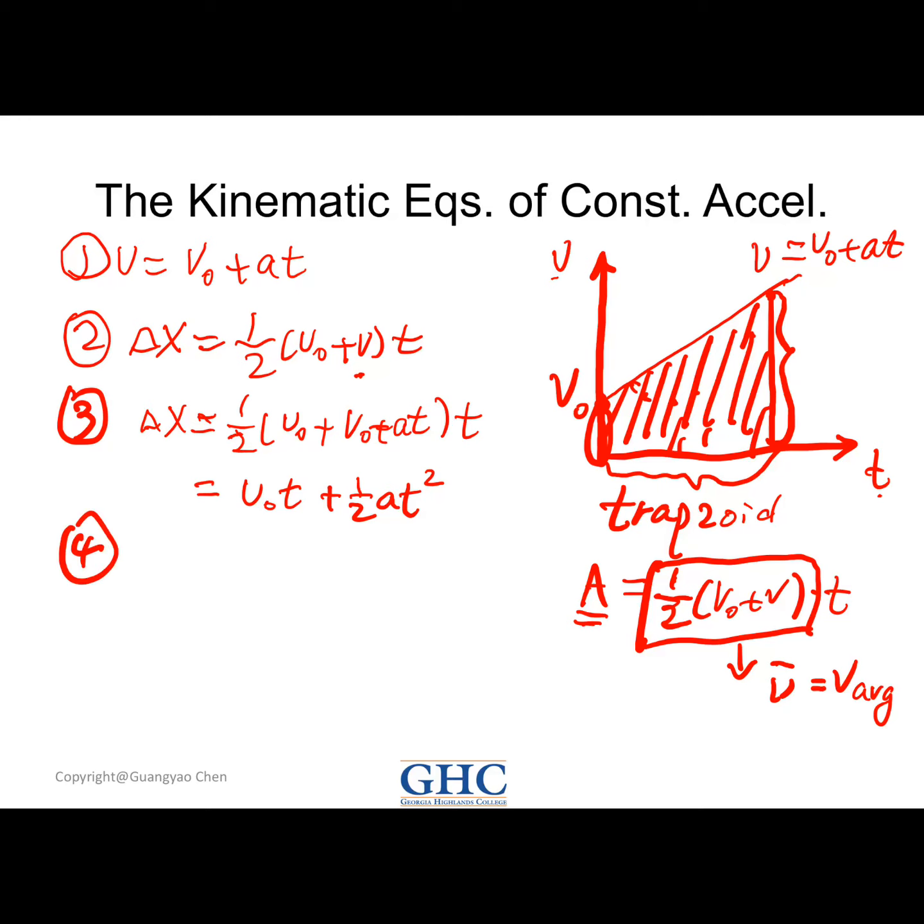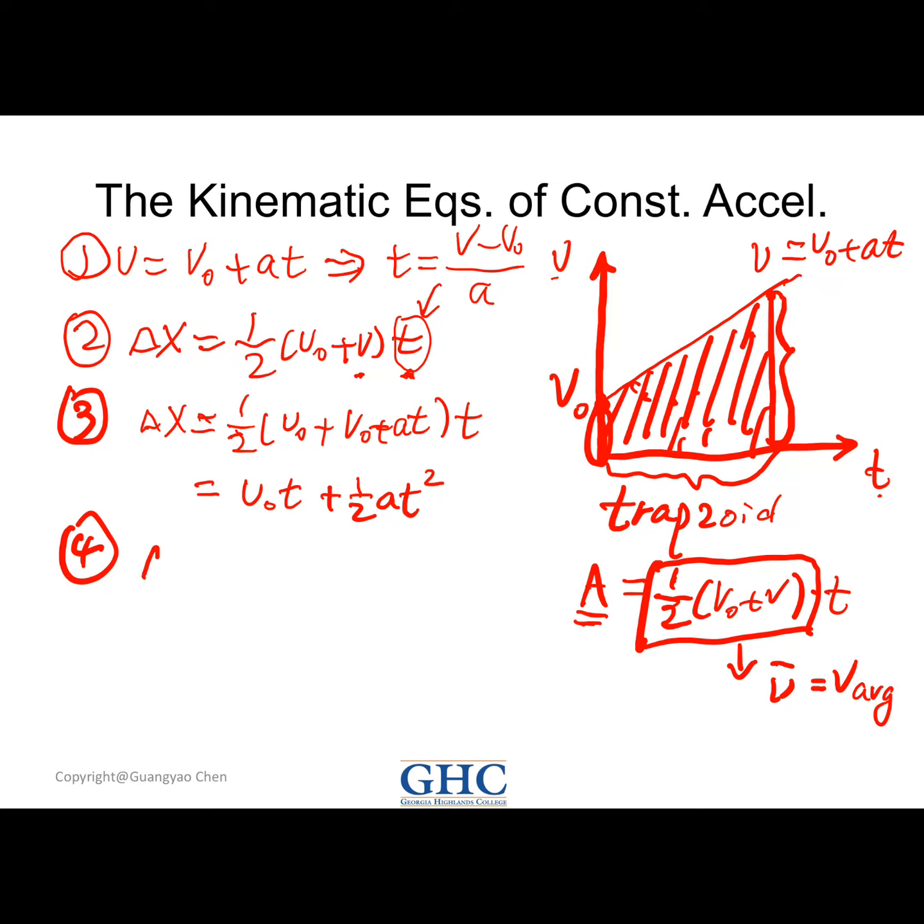Now the fourth one, which I always say is my favorite. You need to solve for t from equation 1: t equals final velocity subtract initial velocity over a. Then you replace t in the second equation by this one, which will give you the fourth equation.